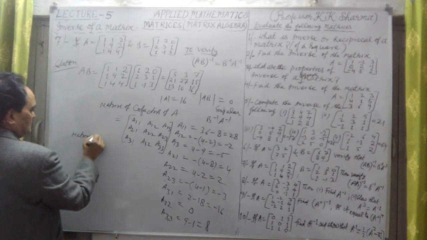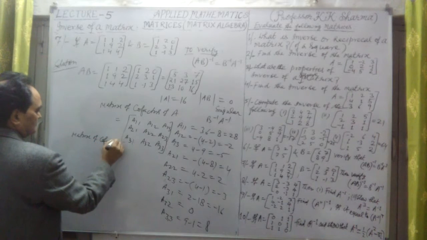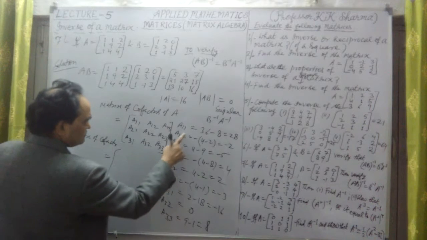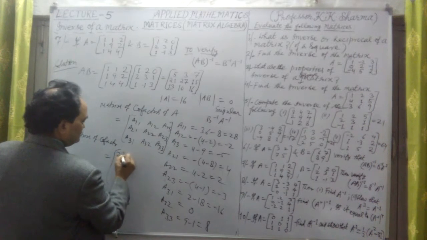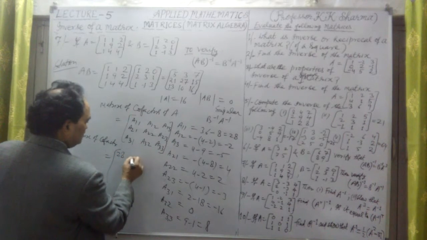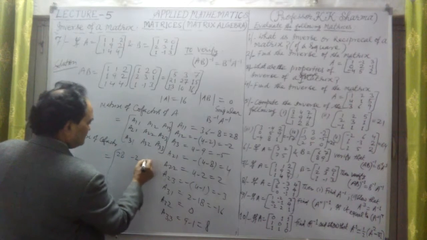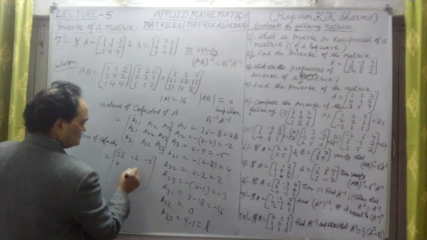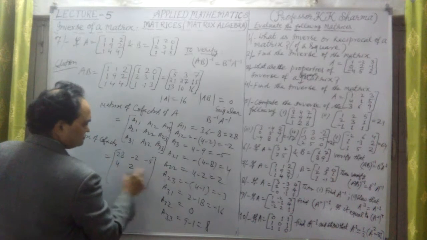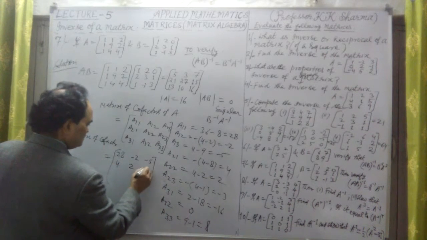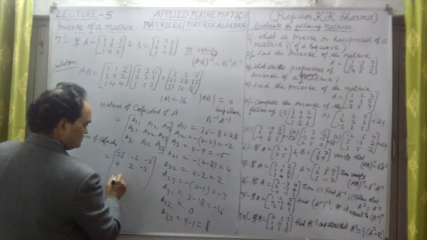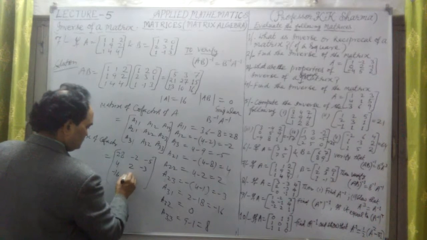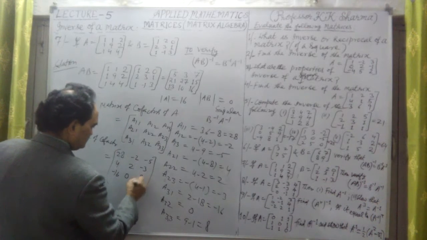So therefore the matrix of cofactors is written that way. A11 is 28, A12 is minus 2, then minus 5. Then A21 is 4, A22 is 2, A23 is minus 3, A31 is minus 16, then A32 is 0, A33 is 8.